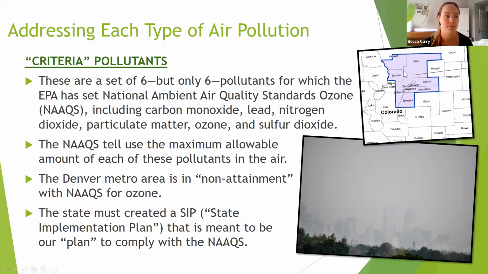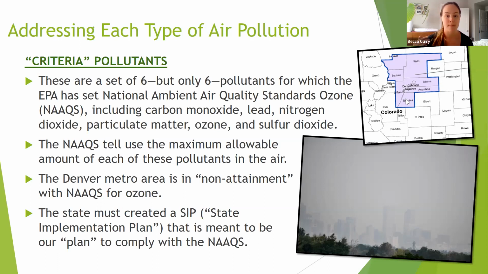is in non-attainment. I think I'm getting a message to speak slower, maybe. It's a non-attainment area for ozone, meaning that we have not for many years met the EPA's ambient air quality standard for ozone.